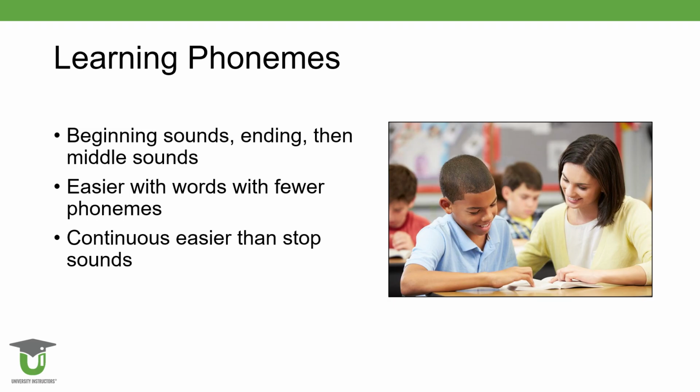Continuous sounds like the F, L, M, N sound that can be said for a long time are easier to perceive than those stop sounds, B, D, Q, and H, that cannot be said for any length of time.